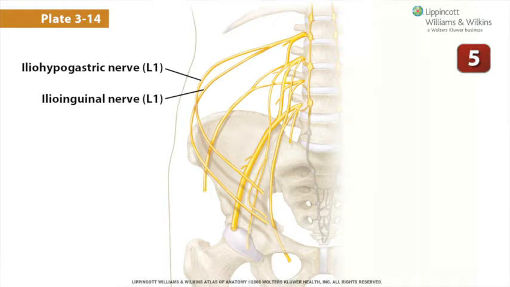They both run inferolaterally. They pass between the transversus abdominis and internal abdominal oblique laterally, and give off muscular branches to the lower parts of the anterolateral muscles of the abdominal wall, as well as cutaneous branches.